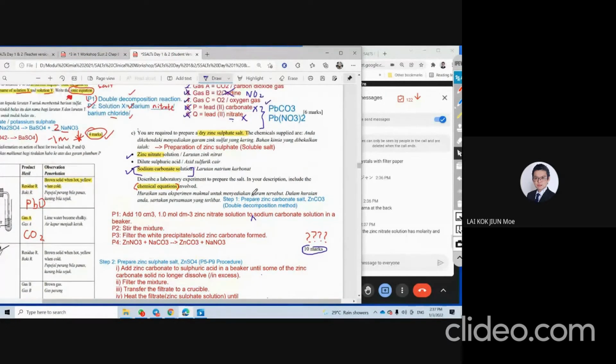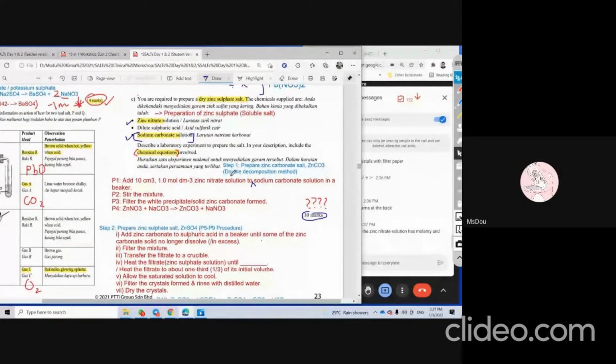So why is there a number in front? Because for the zinc nitrate I already added 1.0, right? So you can add in 1.0, no problem. Okay, thank you, Doris. Does 10 cm³ also need to be there? Okay, 10 cm³. So you want to add both the same, right?